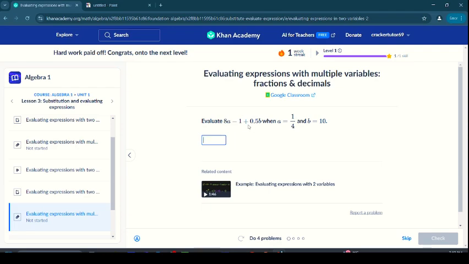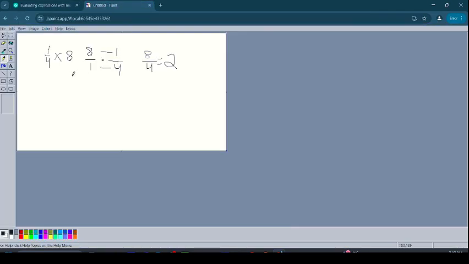Correct? And then we'd have plus 0.5b, or 1/2 times b, which is 10. So same concept applies here. 1 over 2 times 10 over 1. Because remember, 0.5 is the exact same thing as 1 over 2, right?